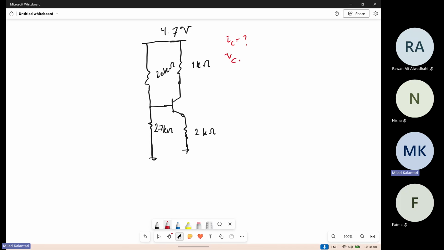And what is the VCE, basically, to check if the transistor is in active or which region, right? So let's try to solve this circuit and find the IC. We can assume the beta of the transistor is 100, the VBE on is 0.7 volt.